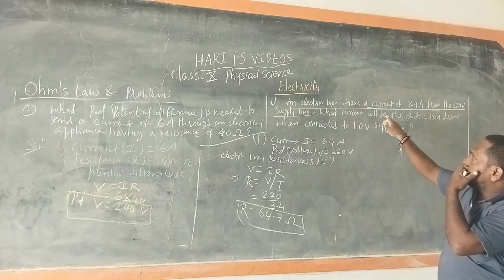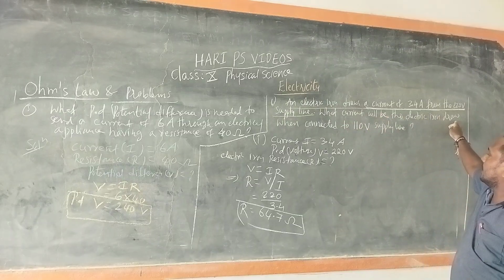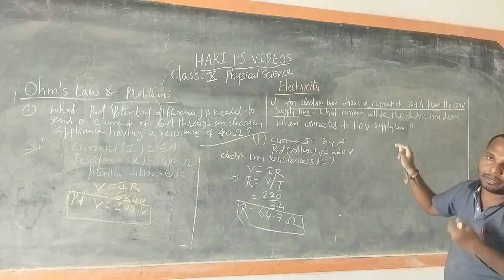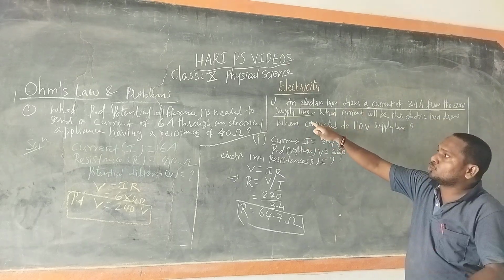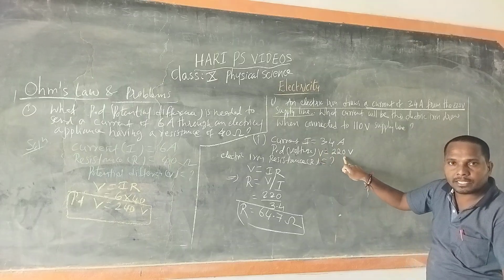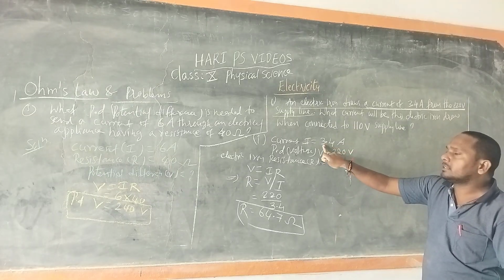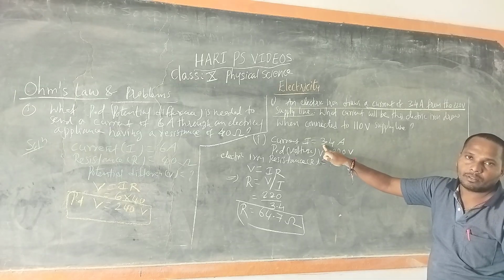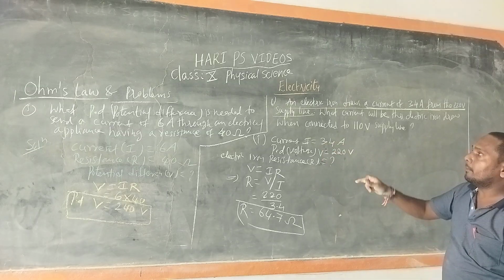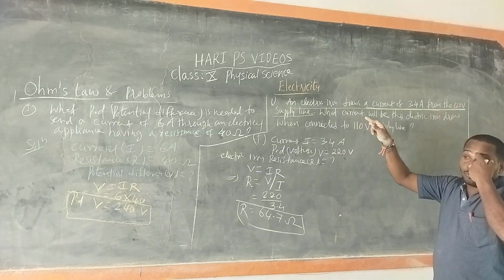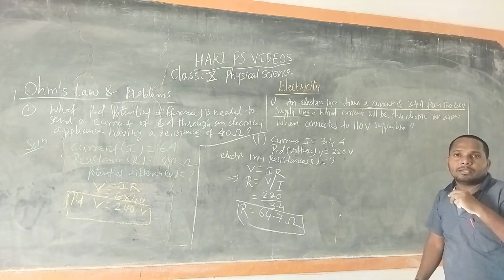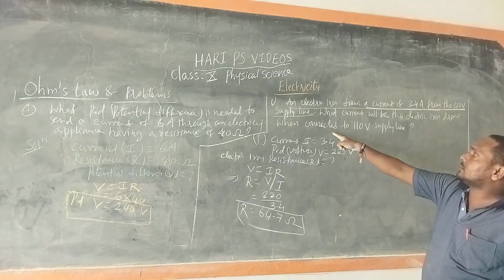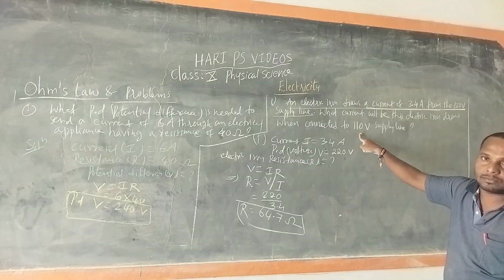If it is connected to a 220 volt supply, it draws 3.4 ampere of current. But in the second case, we need to find the current if it is connected to 110 volts.